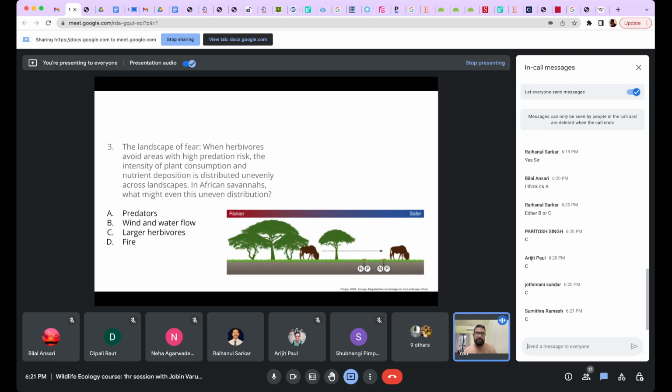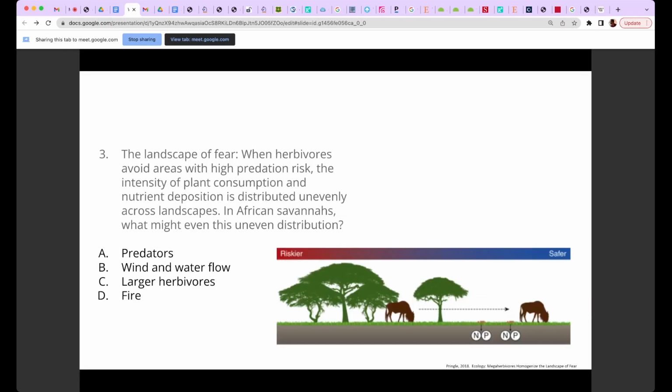I will start explaining the question a bit, and then the others, if they understand, can answer the question as well. So basically, what is shown over here? There is savanna, which is only the grassland, and then there are forests nearby.